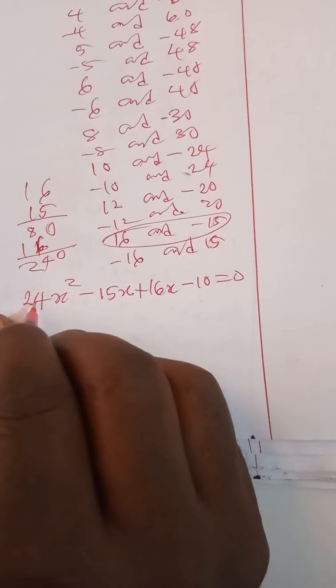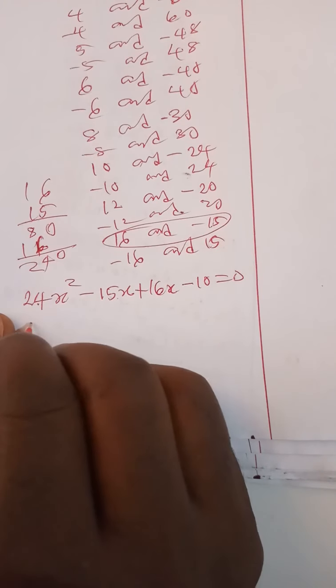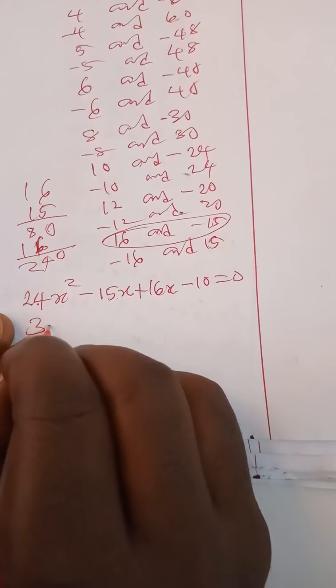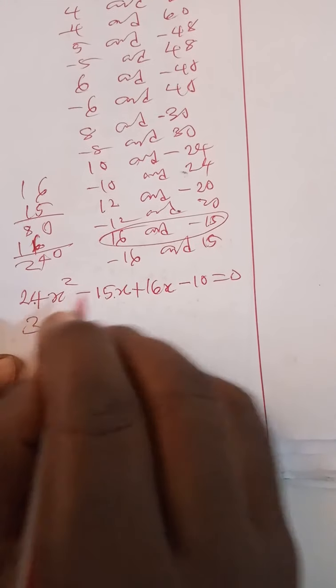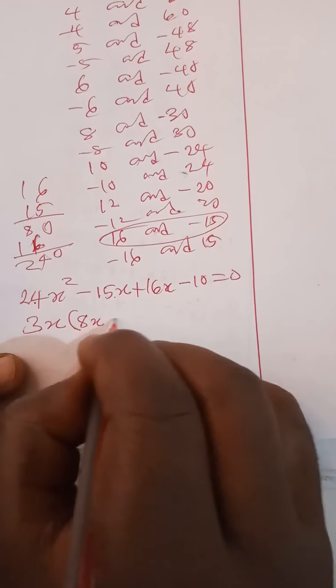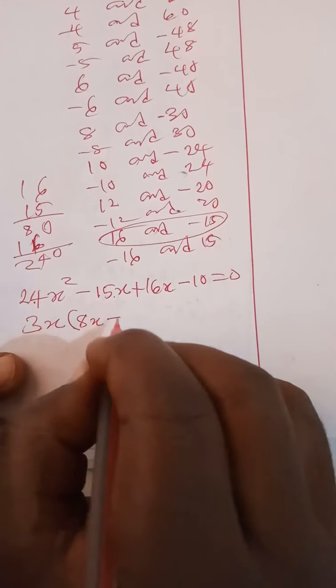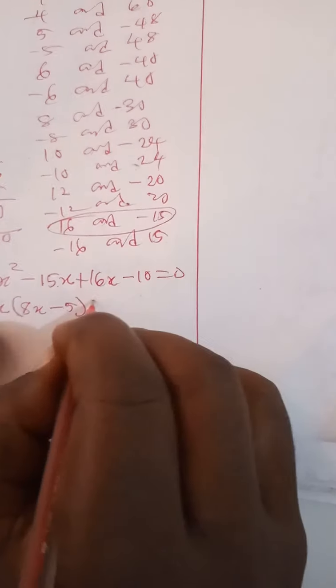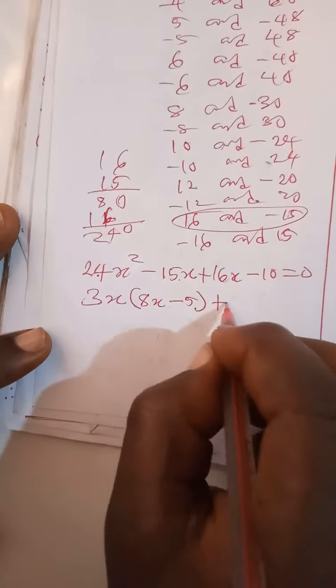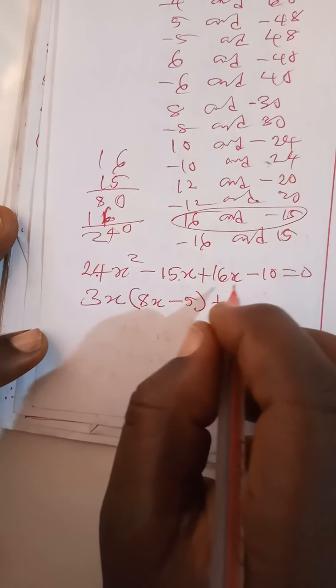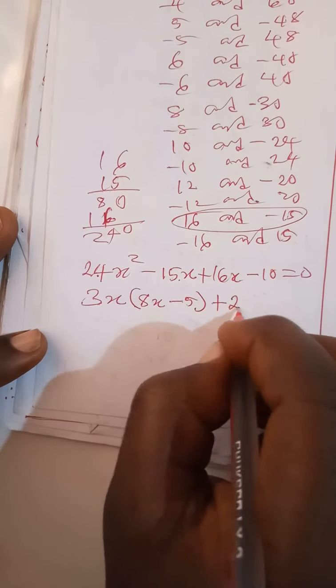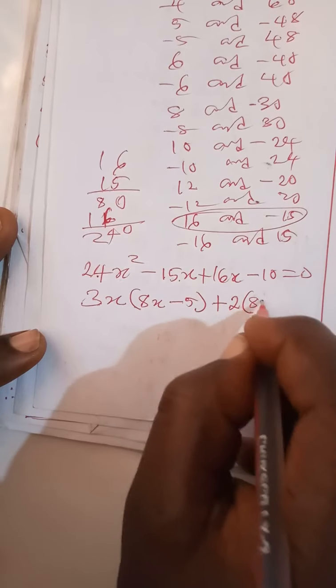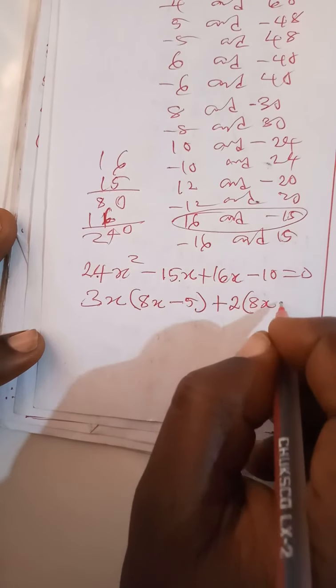What's the HCF between 24 and 15? It is 3, and I can take out x. So 3x goes in this, 8 times, 8x minus 5, plus the HCF here is going to be 2. 2 in 16 is 8x. 2 in this is 5.